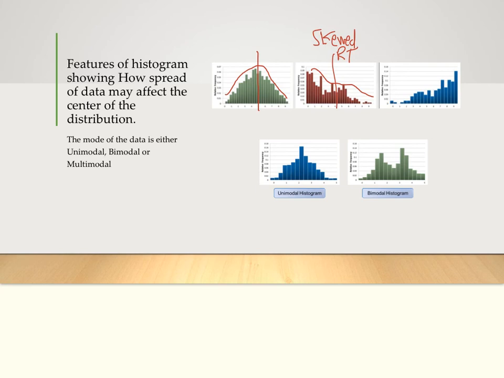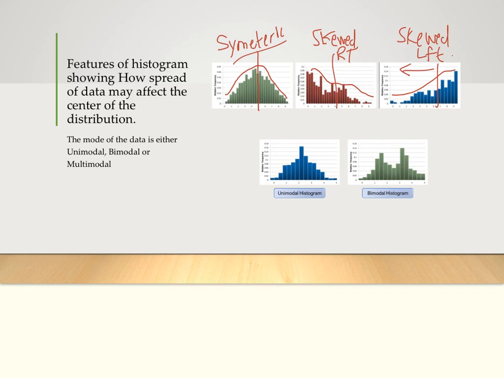And here is something skewed to the left, right? Skewed left, right? And this is symmetric. I don't think that's how you spell symmetric, but we'll go with it, right?